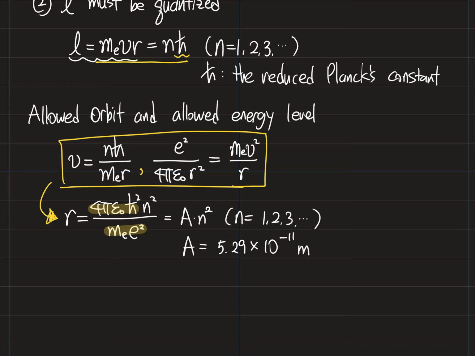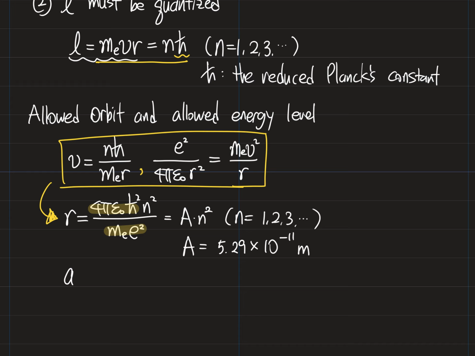So we can visualize the allowed orbits. The smallest possible orbit, when n equals 1, defines a fundamental physical constant known as the Bohr radius, a0.